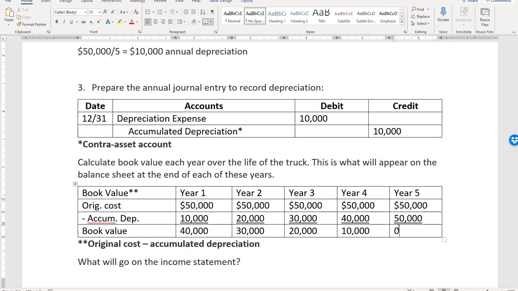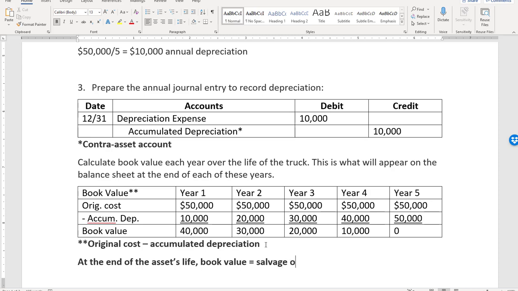Now, if you had a salvage value, let's just make a note here. At the end of the asset's life, book value equals salvage value or residual. In this case, salvage or residual was 0, but say you had a $5,000 residual value.